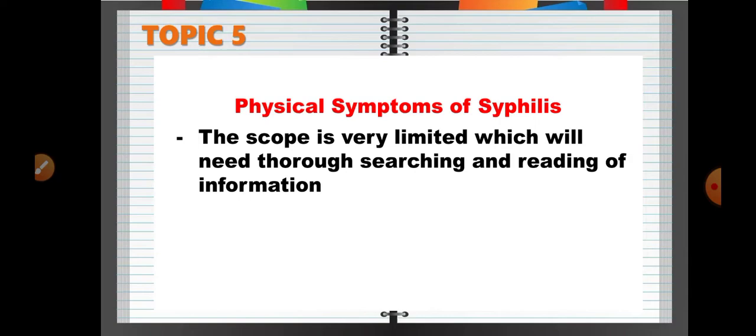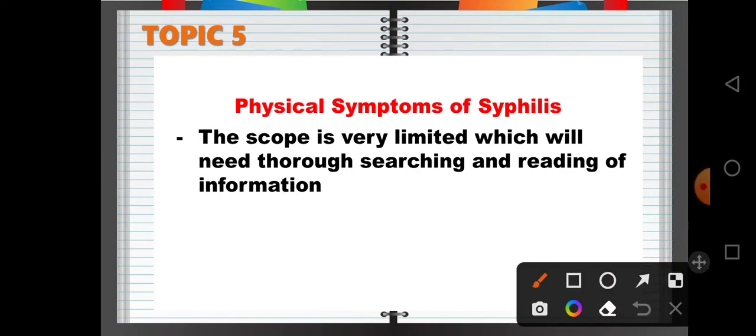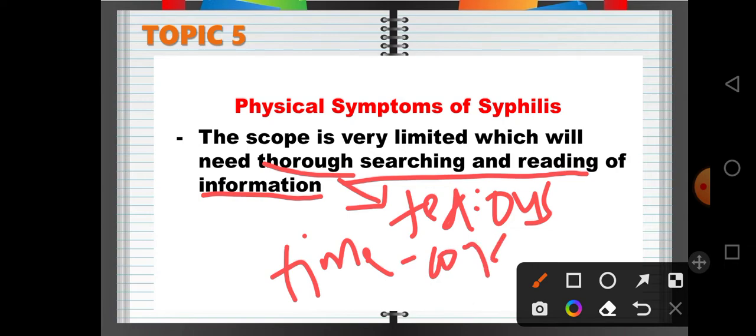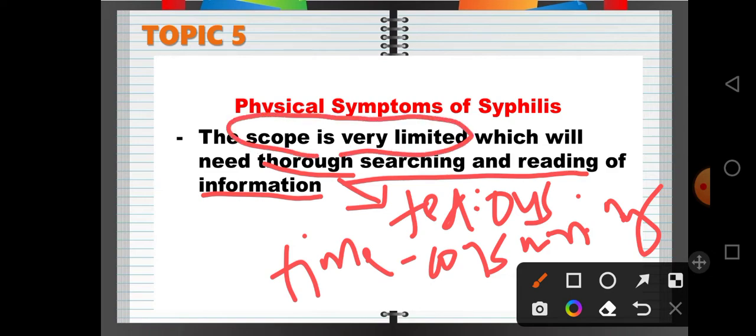And if we have a very limited scope, it will need thorough searching and reading of information. Thorough searching and reading of information is actually considered to be tedious and time consuming, which is why it is not ideal to choose such a research topic with a very limited scope.